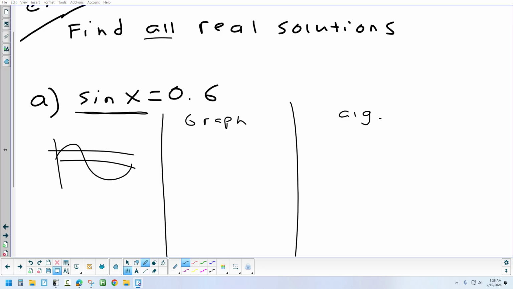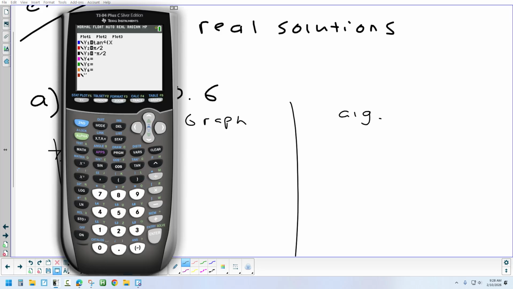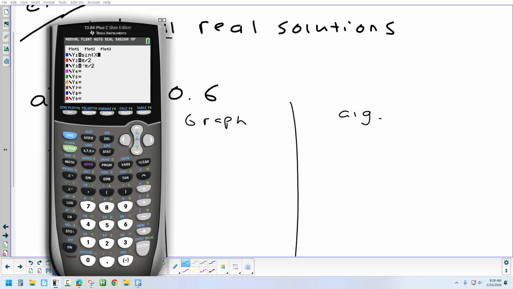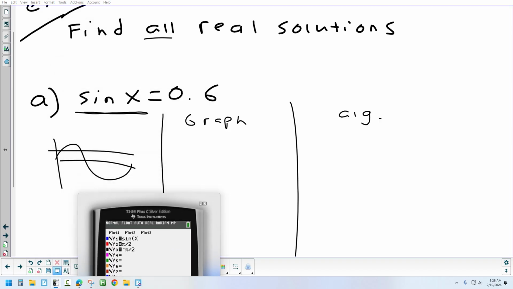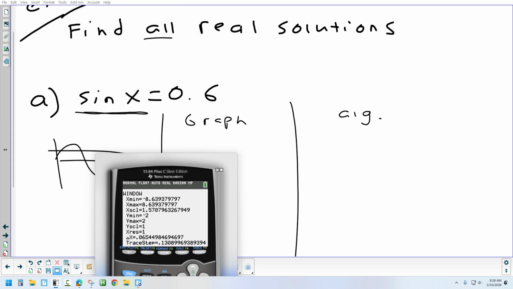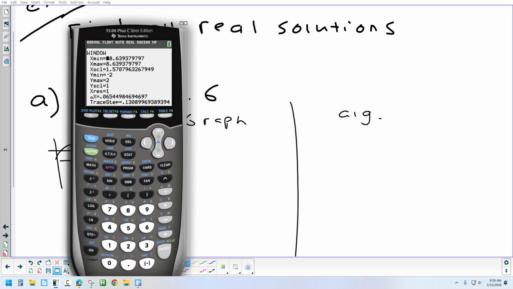Okay, so to do it with the calculator, that part's pretty straightforward. I'm going to put in sine of x. I'm going to put in 0.6. And I need to set my window to 1 cycle. Okay? We just said the cycle length, the formula is 2 pi over b.